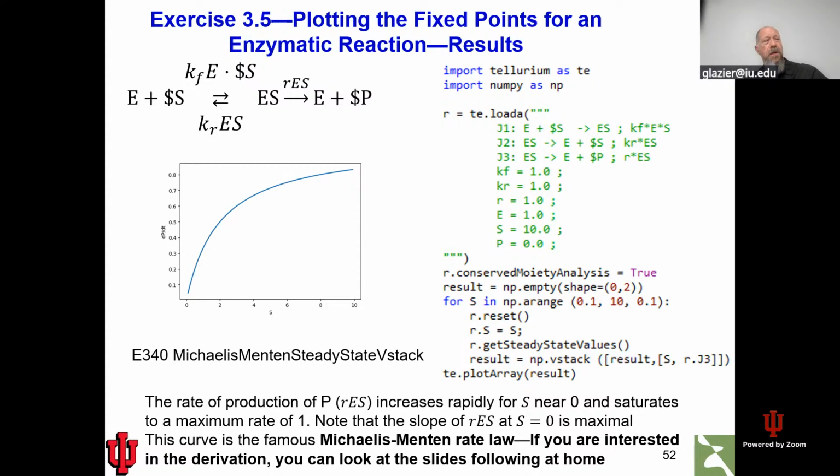And the reason that the append version of this is a little more convenient than the VStack version is that when you do a VStack, you have to create an empty array to start with. So you need that np.empty shape equals 0, 2, which is always hard to remember, at least for me. But if you type exactly the code that I have here, it should work. Or if you remember the code from last week of using append, that'll work too.